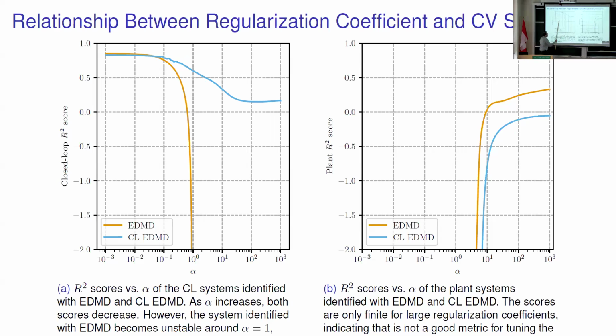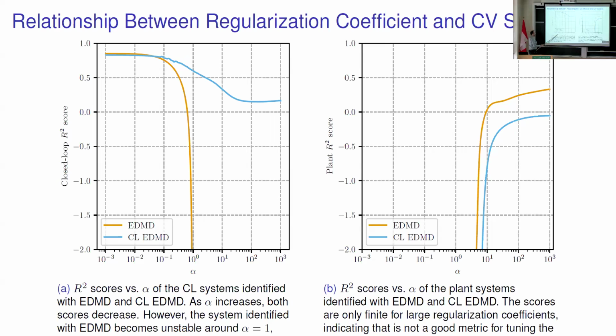Now if we go over here and look at our closed loop method, these are the R² scores of the closed loop system identified using either closed loop EDMD or EDMD. We see our closed loop method is much more robust if we pick the wrong regularizer, basically. So that's good news. What this is, is again taking the standard, blind EDMD, then wrapping our controller around it.